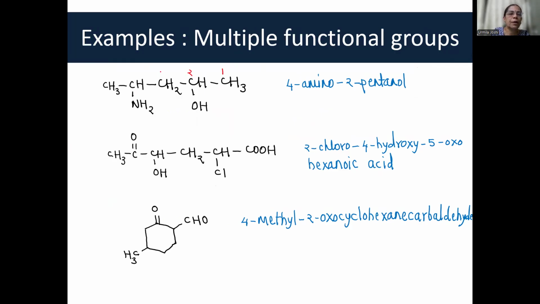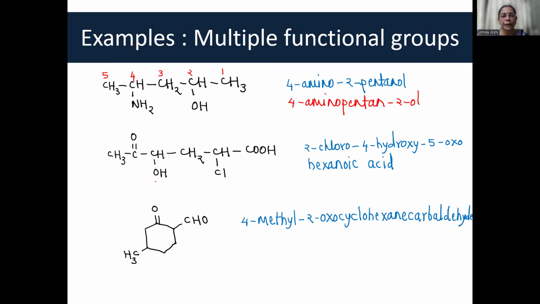So it is 1, 2, 3, 4, and 5. Okay. So it is 4-amino 2-pentanol or 4-amino pentane 2-ol. You can also write this as 4-amino pentan 2-ol.